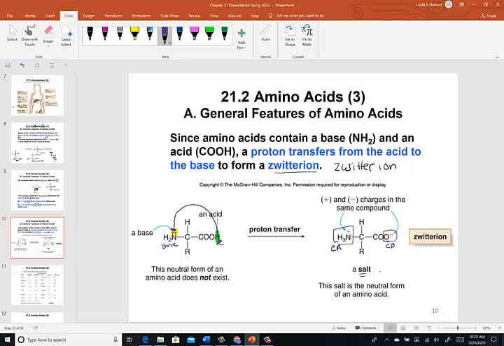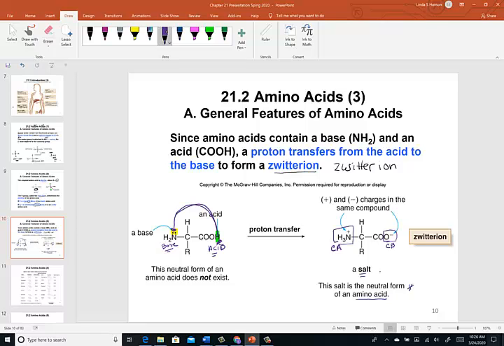The zwitterion is how we find an amino acid in nature when it's in a pH neutral solution. The salt is always in its neutral form, where the positive ion on the nitrogen is electrically balanced by the COO negative. So this is the acid, and this is the base. We have a proton transfer.